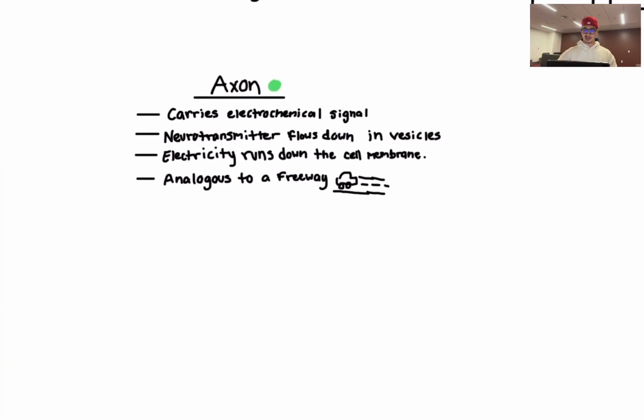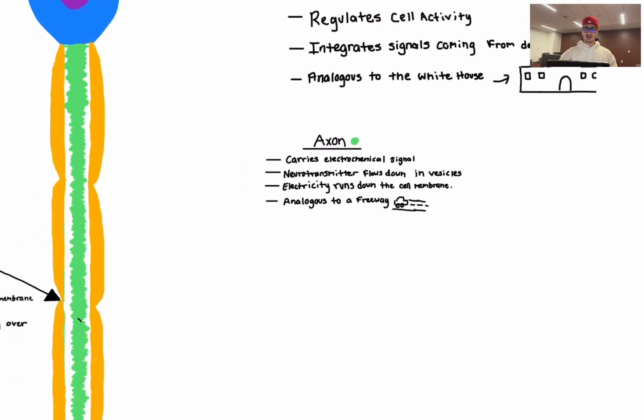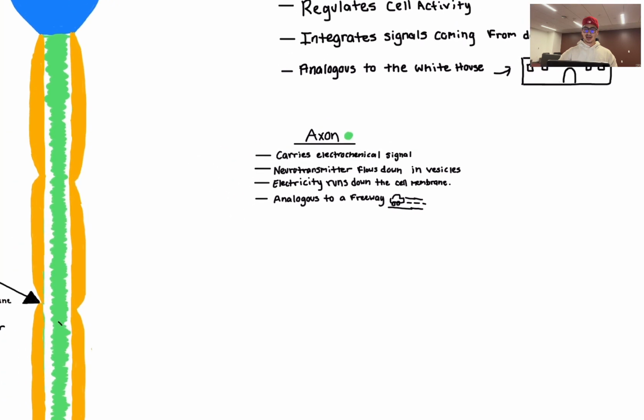And I really want you guys to understand that the axon carries electrochemical signal, right? This is where everything's being sent down through. And neurotransmitter flows down in vesicles. So it's flowing down from the soma, and it's going to make its way down to the terminal buttons. However, the terminal buttons do make neurotransmitter locally, because sometimes that process takes too long.